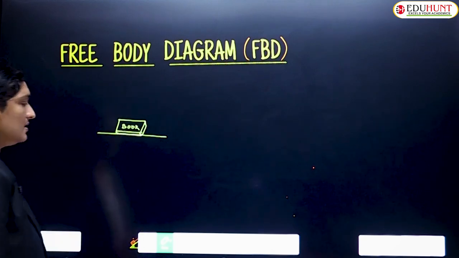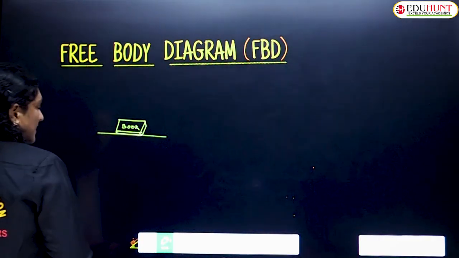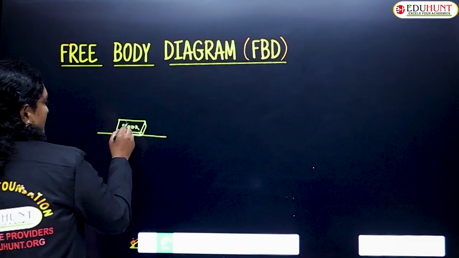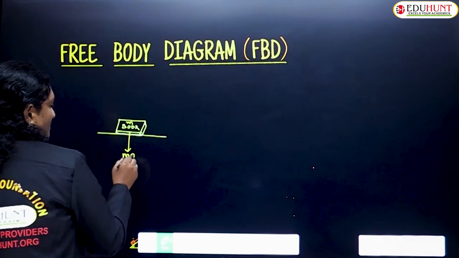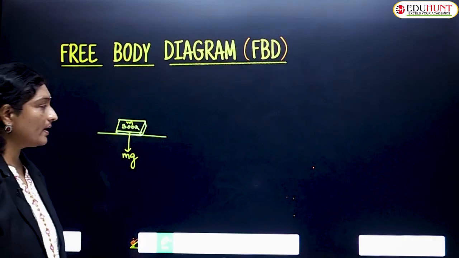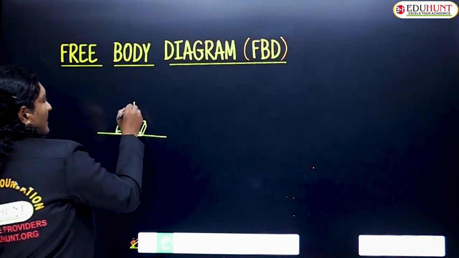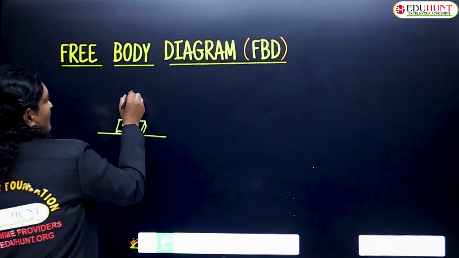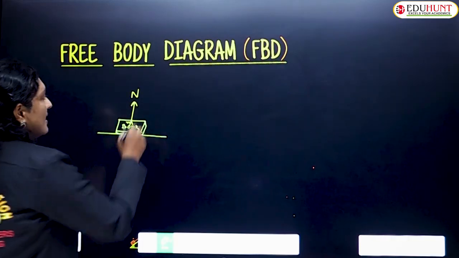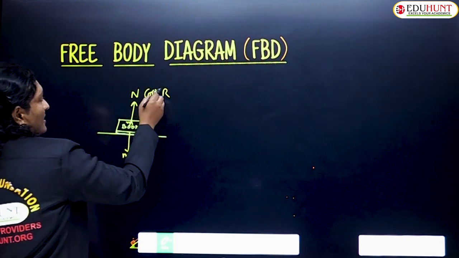If you consider this book lying on the table, then we observe that the weight of the book, having some mass m, that is the weight mg, always acts downwards. The balancing force of this weight must be acting upwards, which is called the normal reaction force, represented as N.